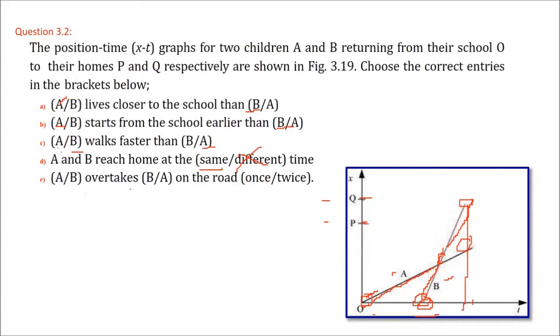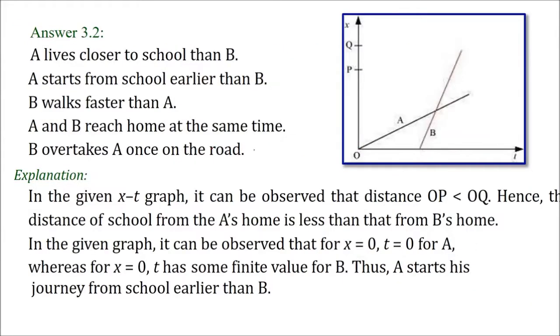A/B overtakes B/A on the road: B overtakes A on the road because B is faster than A. So A lives closer than B, A starts from school earlier than B, B walks faster than A, A and B reach at the same time, and B overtakes A once on the road. How many times are they meeting? They are crossing just once. After that, they reach their homes.